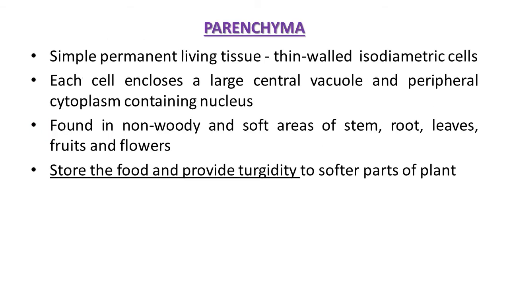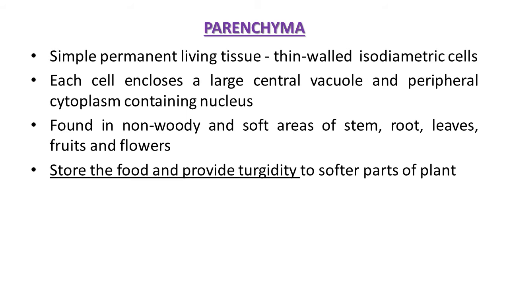Simple permanent tissue has three types: parenchyma, collenchyma and sclerenchyma. First, parenchyma. It is a simple permanent and living tissue. Their wall is thin, and the cells have an isodiametric structure.